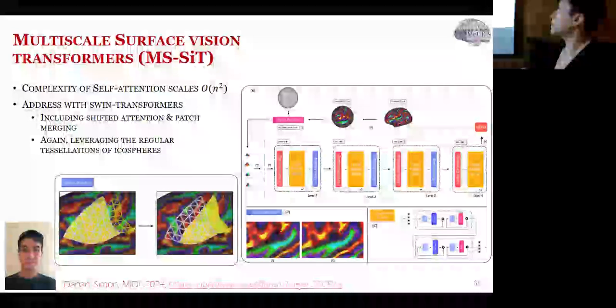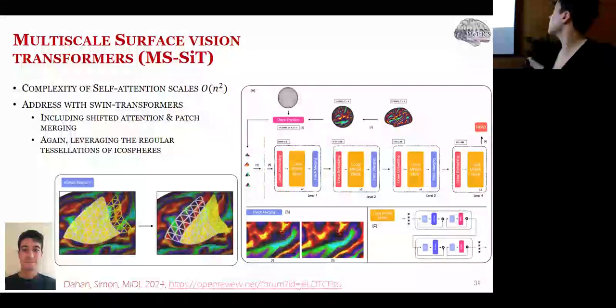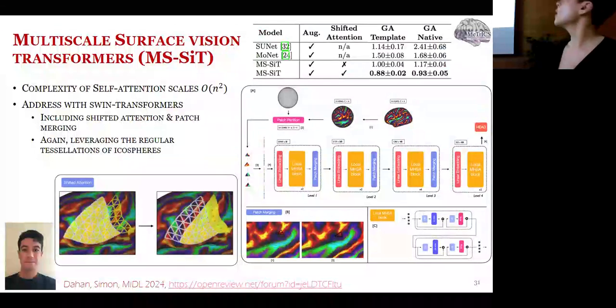So you either have to use quite low resolution patches, which gives you a less interpretable self-attention map, and less ability to pick up on really subtle features of the data, or you use engineering techniques such as Swin transformers, which learn a multi-resolution solution, where at the highest resolution you have very fine resolution tokens or very small triangles, where you're only learning attention within windows, and then you progressively downsample so that your windows become bigger, but your token resolutions also get smaller, so that at the end, you're attending to the whole image at low resolution, but in combination, what you get is much more sensitive prediction.